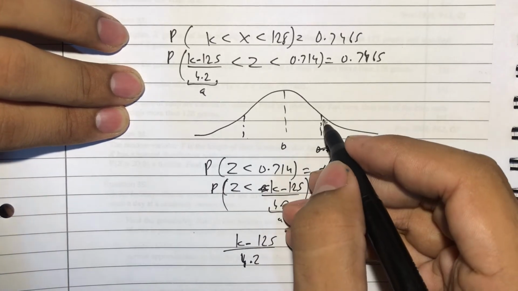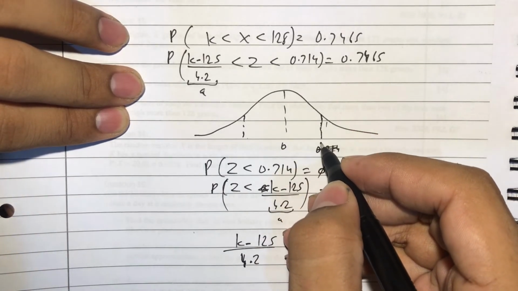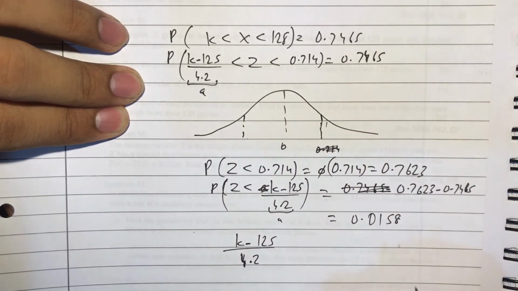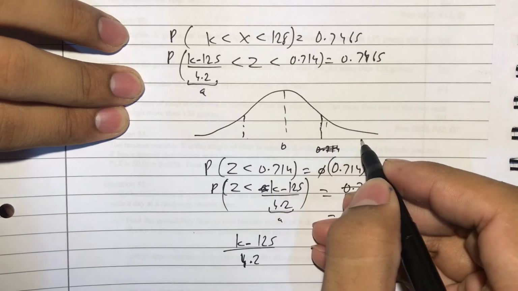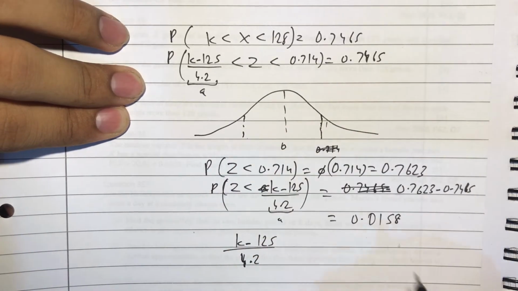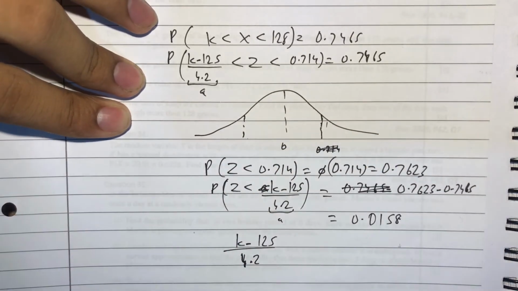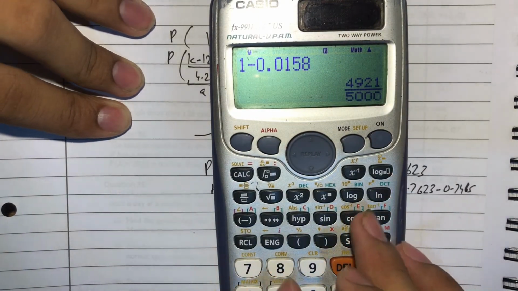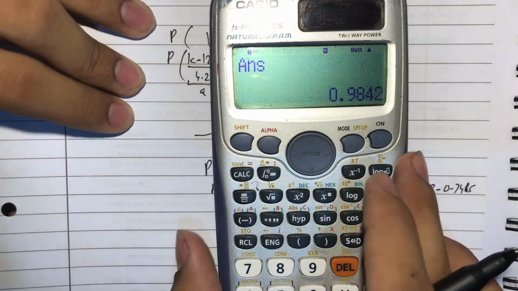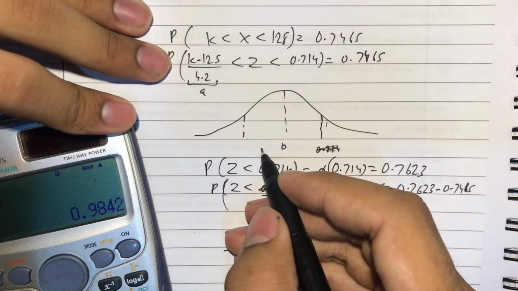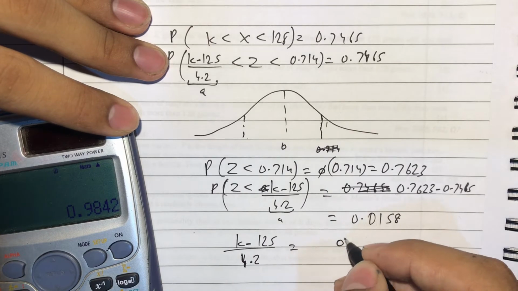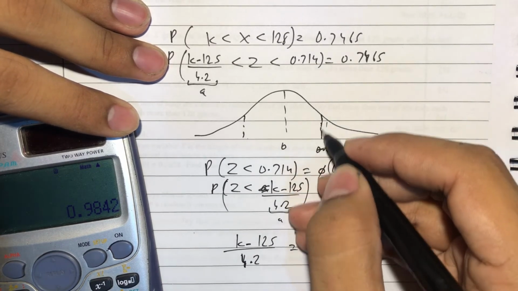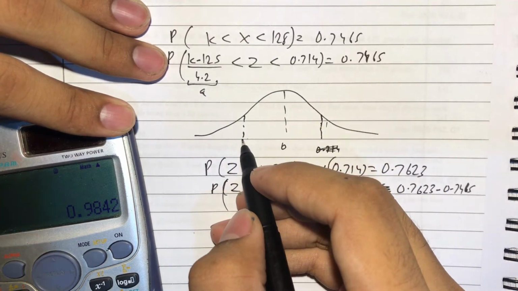So 1 minus 0.0158 is this region. 0.9842 is this region. So this is equal to phi inverse of 0.9842. This will give us this value, and this will be the negative of that because of symmetry.